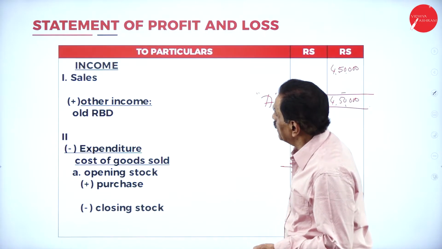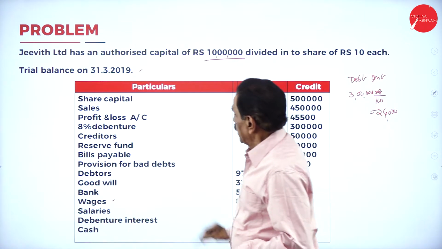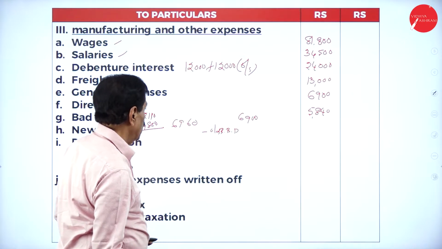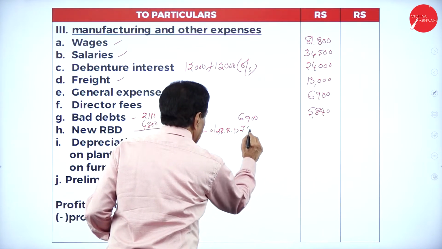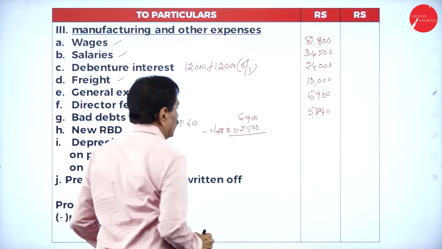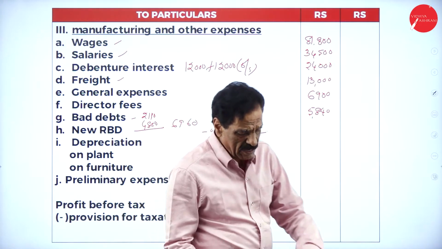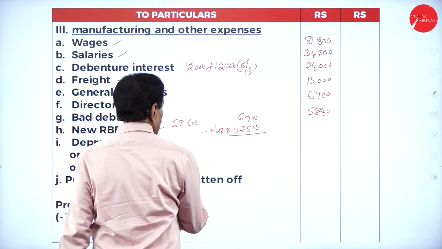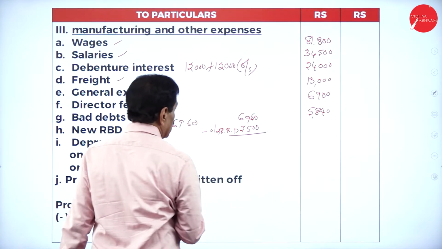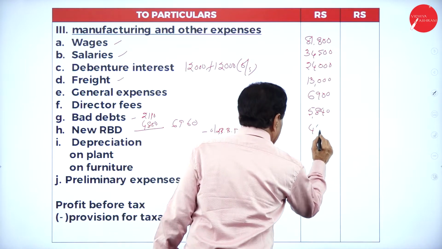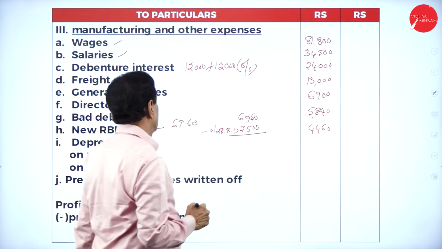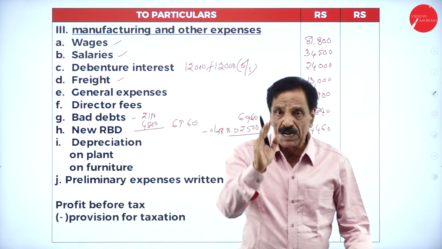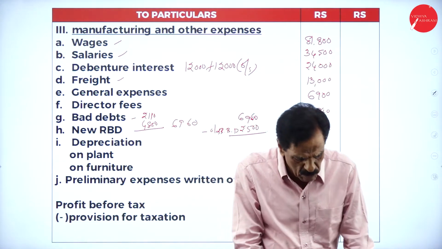Minus old RBD here 2,500. So if we deduct all these things, it becomes 4,460. Bad debt plus new RBD minus old RBD. What's the formula? Bad debt plus new RBD minus old RBD.